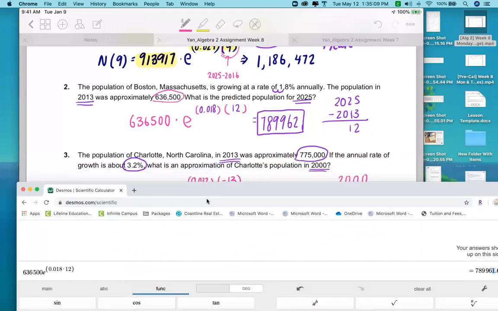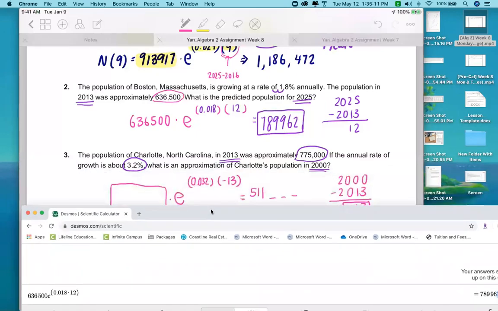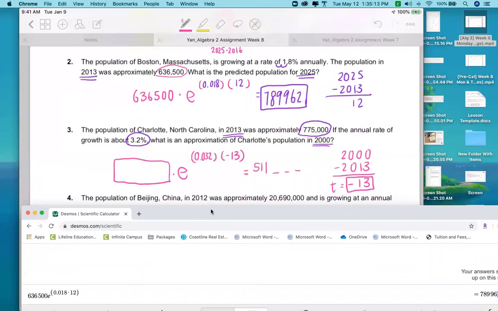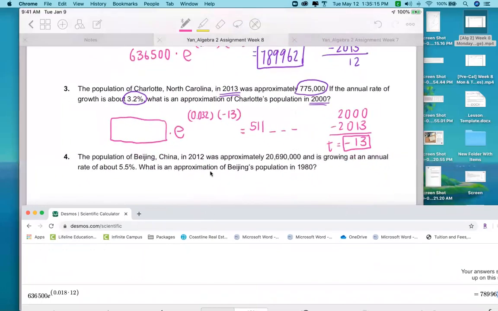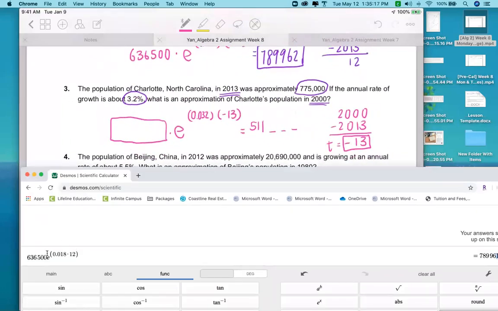Okay, so I have some people telling me their answers look different. So I'm gonna show it right here. Tell me if it looks exactly the same format. So I got the 775,000 times E. And when you raise it up here, don't forget everything needs to be in parentheses up here.